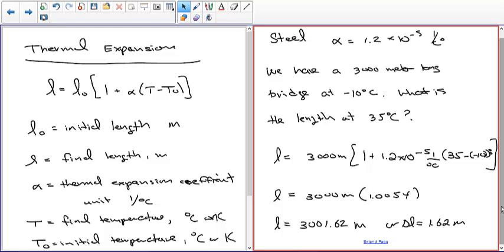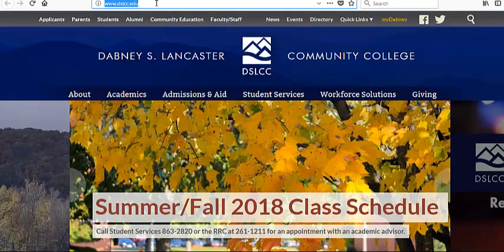So if you look at bridges, especially long bridges, let me just show you a picture here. Go to Google.